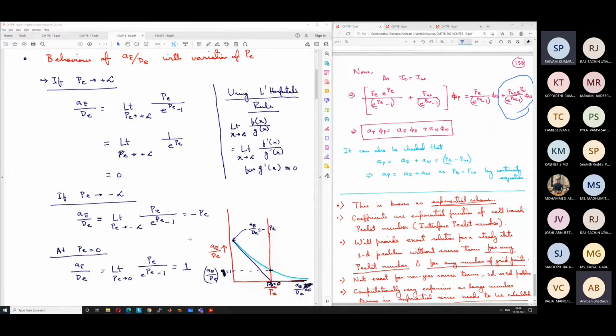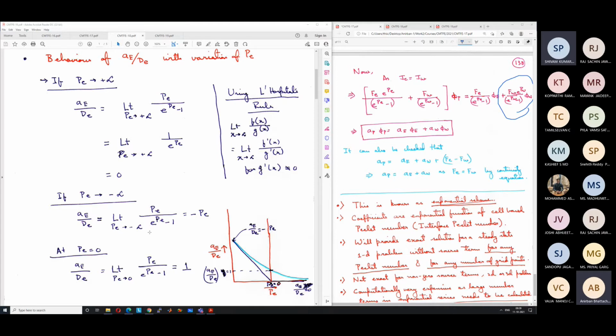(e to the power x minus 1)/x, limit x tends to infinity. Sorry, that is different. This is 0.